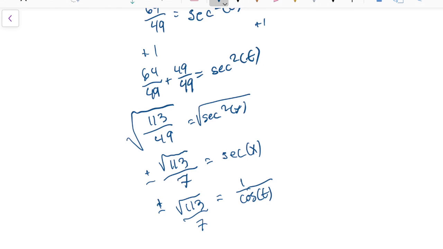So cross multiplication, since we're only focusing on the negative part, we are disregarding the positive.